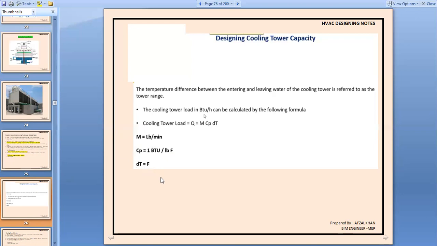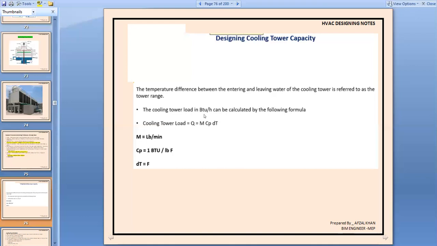For example, this formula is Q is equal to m Cp delta T. So where will you get m from? You know this for an open system, because a cooling tower belongs to an open system.